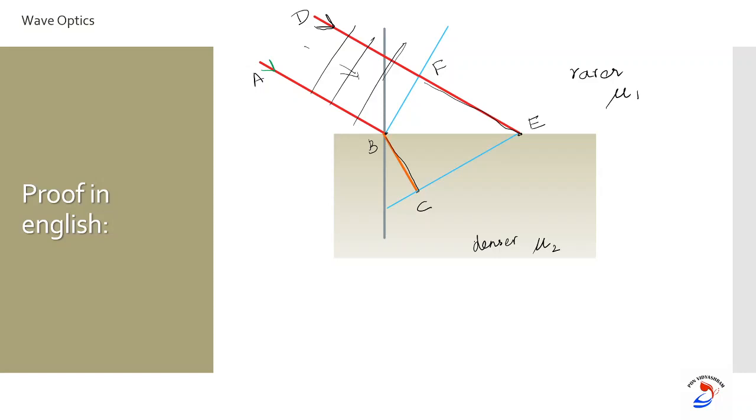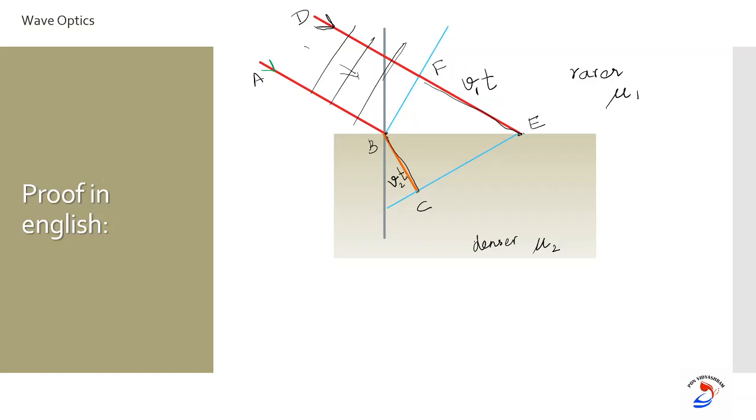This ray right now is still traveling in the rarer medium, and so it is able to travel at the same speed. Let's say this is v1 and it is doing so in the given time t. In the same time t, this ray has already entered into the denser medium, and this happens to be traveling with another speed v2.